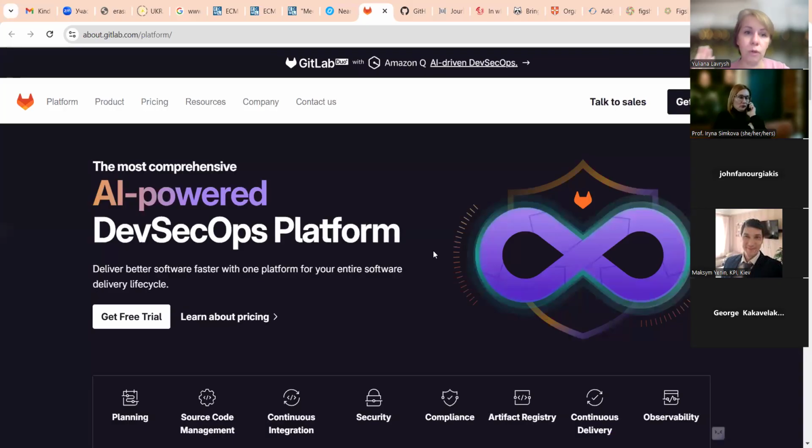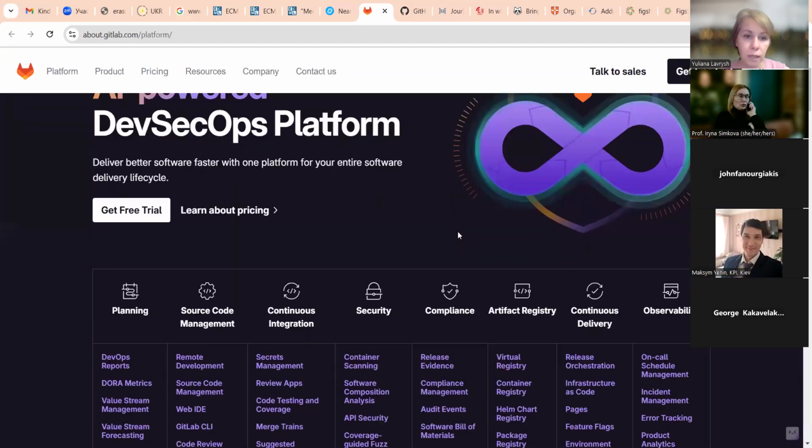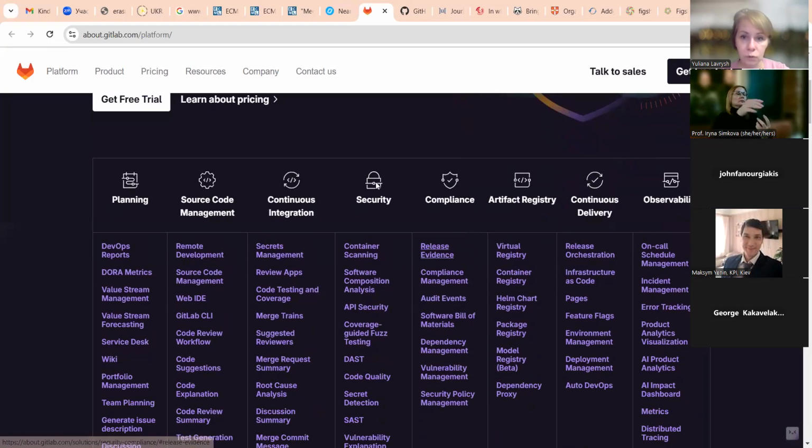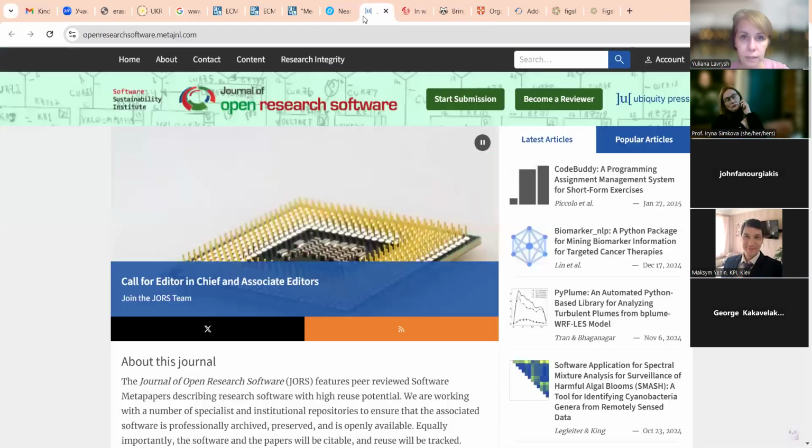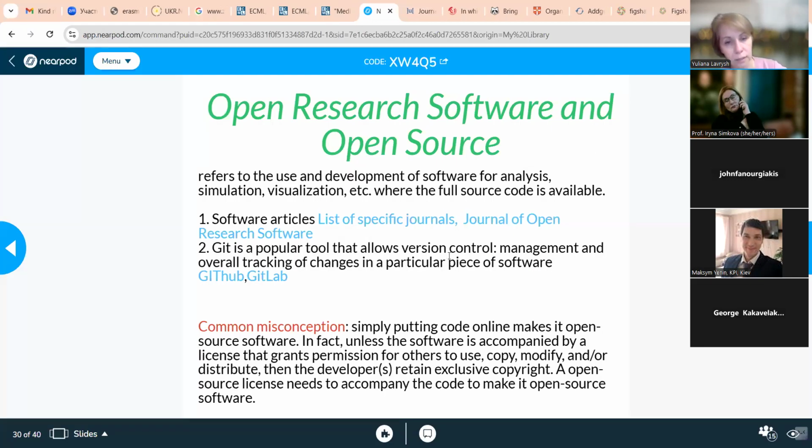Or GitLab, also an open laboratory. It is also AI supported and powered. And here you can see what you can do with this open resource. You can find tools for planning, source management, integration, security issues, compliance. So it has a lot of different functions, which for you as a scientist, especially an engineering scientist, might be very useful.